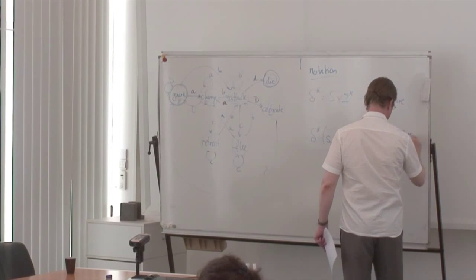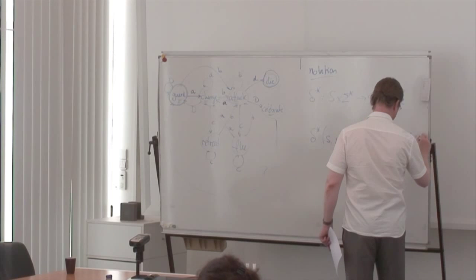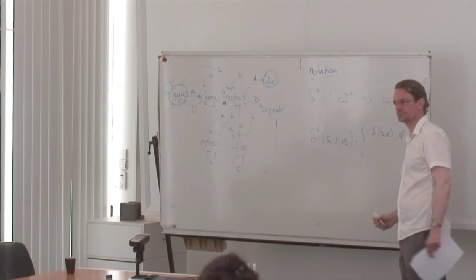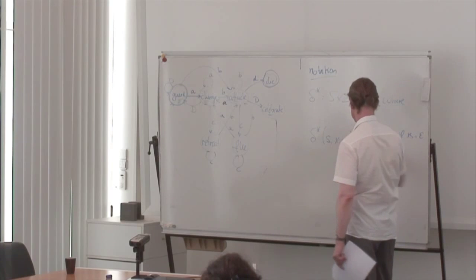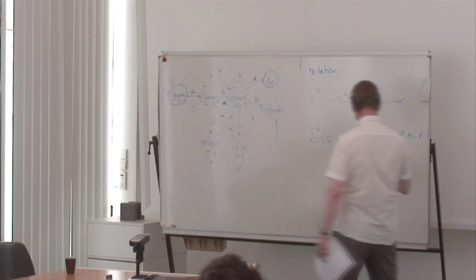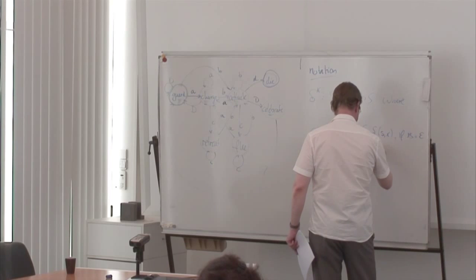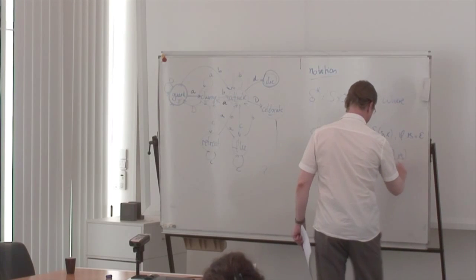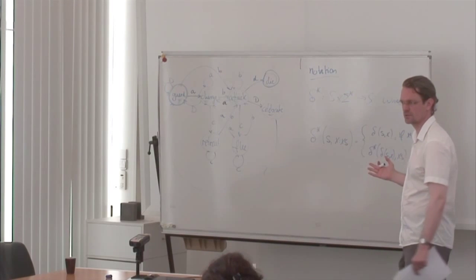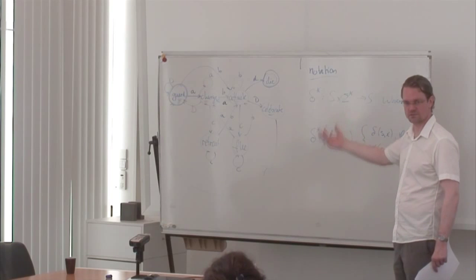If this XS is actually empty, then delta star of S and X is the same as delta of S and X. Otherwise, it is delta star of delta of S and X, comma, XS. So this is a recursive definition as to what it means to process a string.